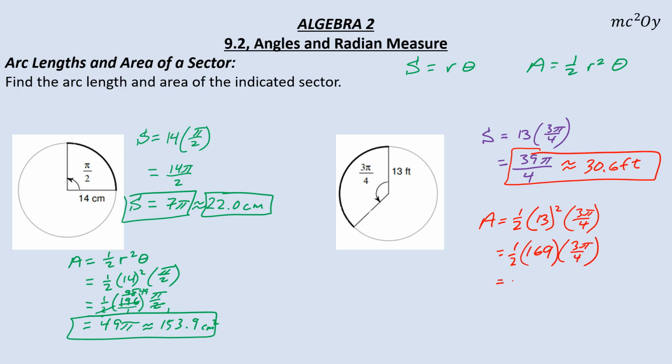So 1 times 169 times 3 pi is 507 pi, all over 2 times 4, which is 8. And we're going to round that. That's going to be 199.1 square feet.